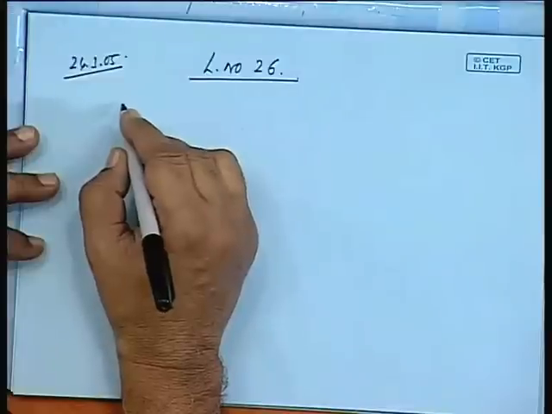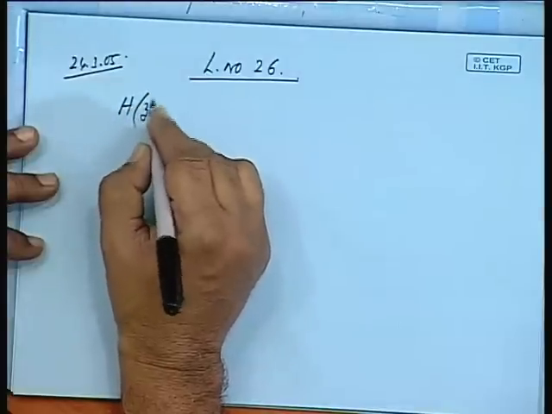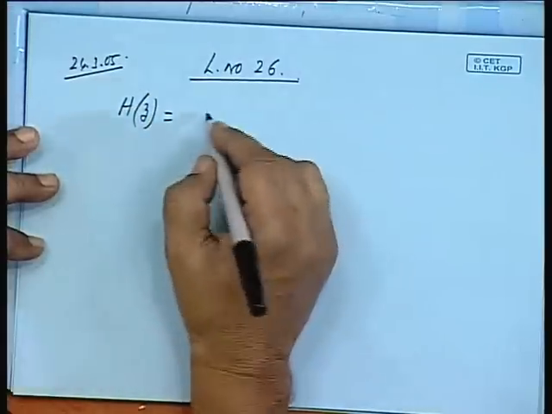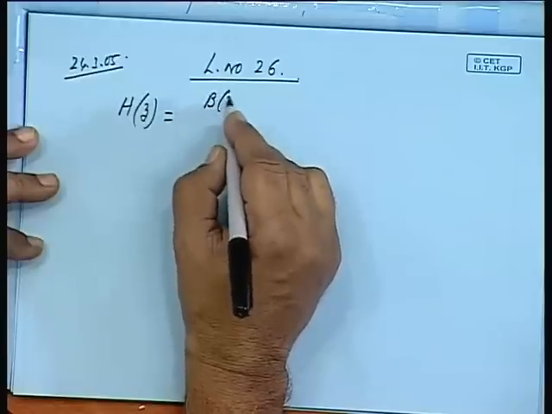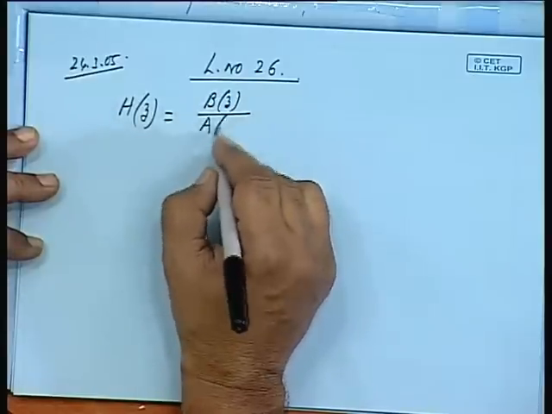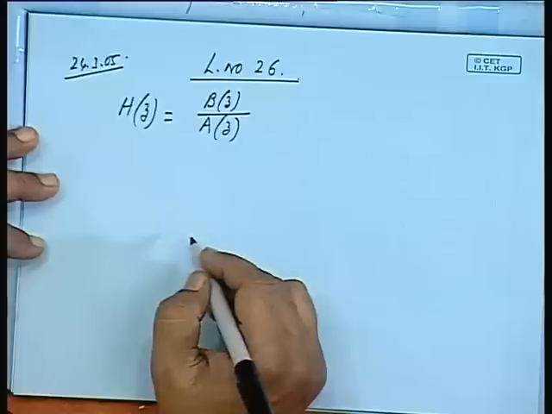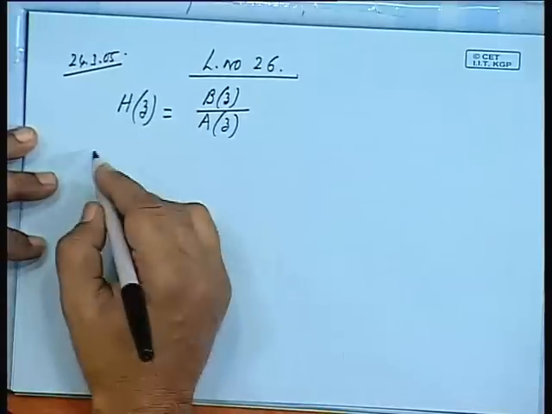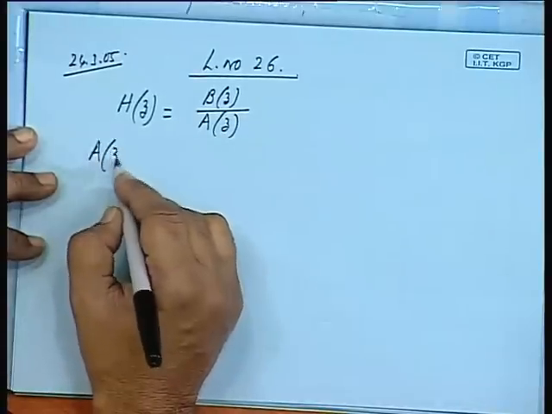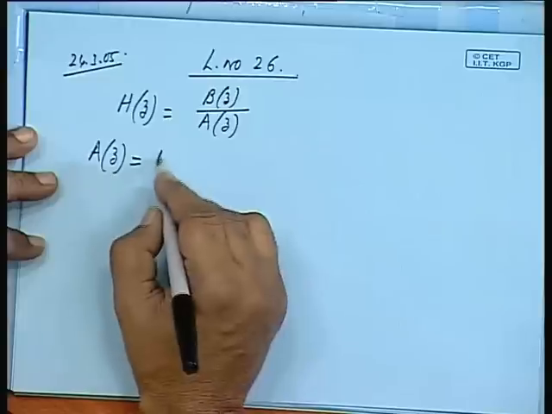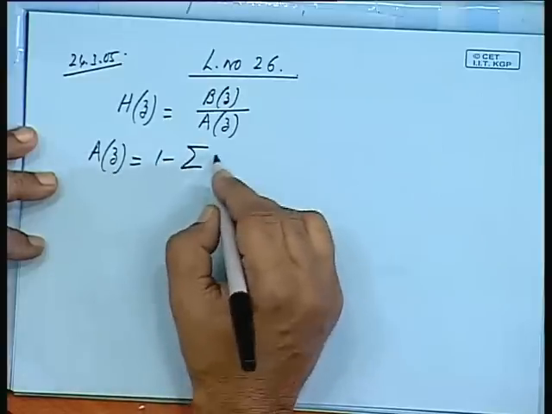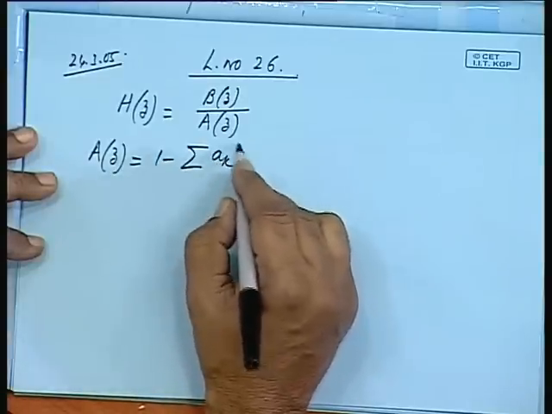Last time we saw that if the transfer function H(z) is written as the ratio of two polynomials, then for any one of them we can write the polynomial in this form.